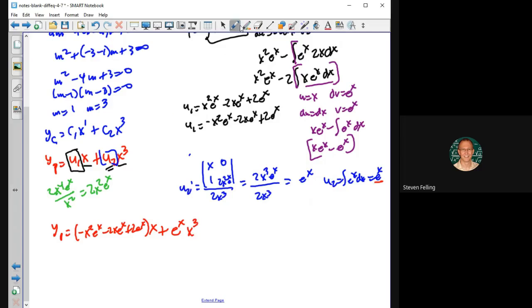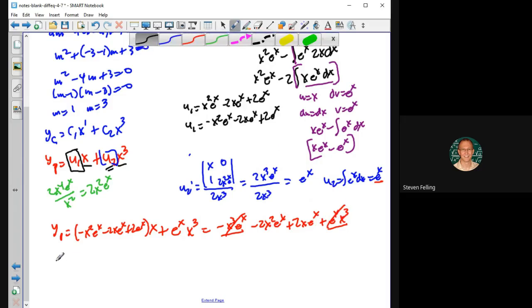And then let's see if there's any cancellation here. If I multiply this out, I get negative x cubed e to the x minus 2x squared e to the x plus 2x e to the x plus e to the x cubed. But we have an e to the x cubed and a negative e to the x cubed, so those things cancel.